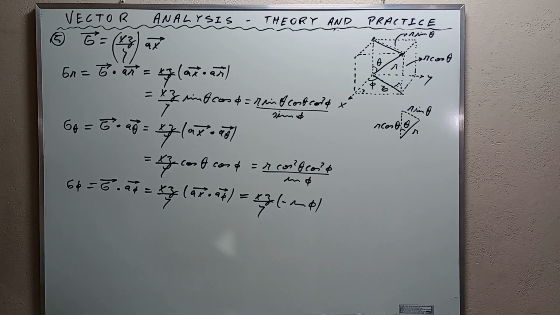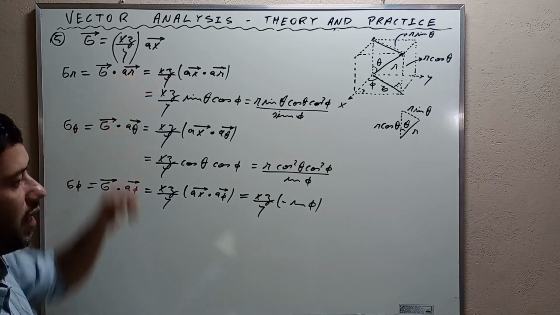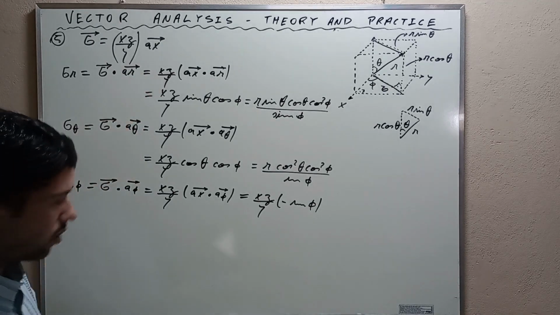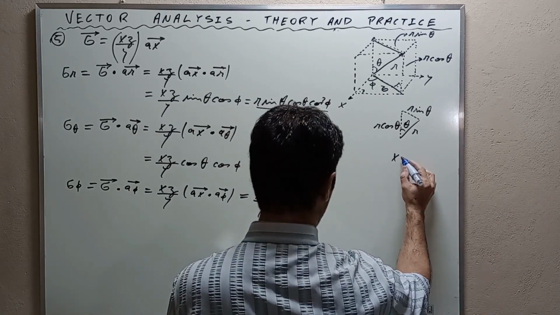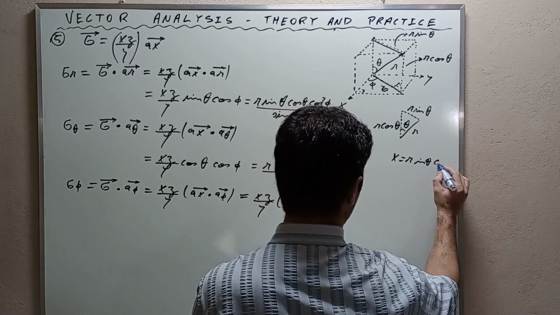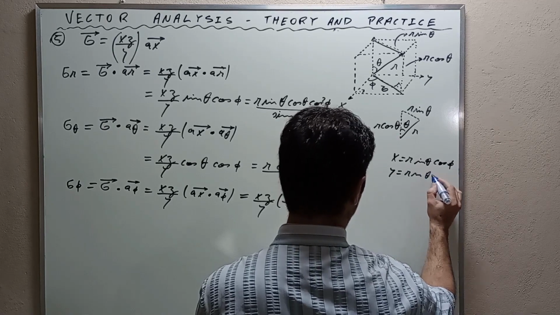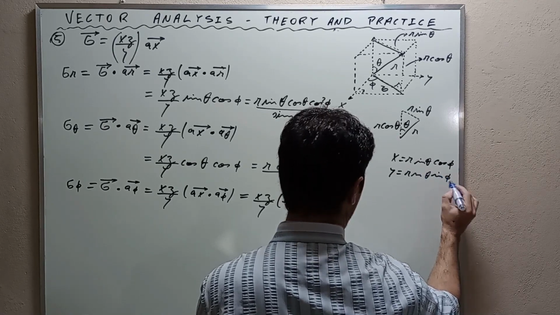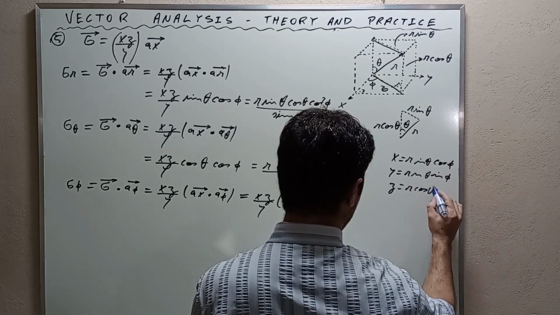And manipulating this, okay, observing how we manipulate this, I'm going to give you a hint. Substitute x. We saw that x was equal to r sine theta cosine phi, y equal to r sine theta sine phi, and z equal to r cosine theta.